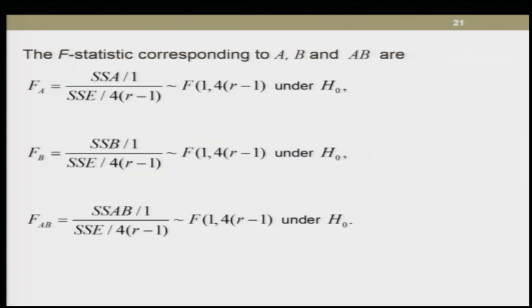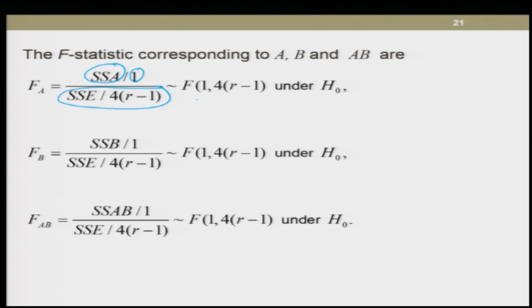And after this you can derive the F statistics for testing the significance of factor A, factor B and factor AB. That will simply be the sum of squares due to A divided by its degrees of freedom, which is 1, divided by the sum of squares due to error divided by its corresponding degrees of freedom.